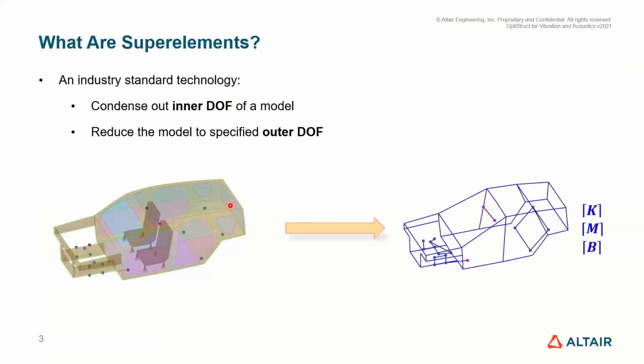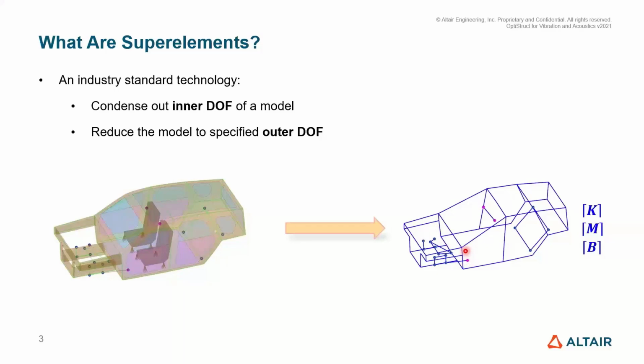So superelement is an industry standard technology that helps us condense out inner degrees of freedom of a model and reduce the model to specified outer degrees of freedom. Let's take this vehicle trim body as an example. The mesh model might consist of millions of grids, and using superelement, it can be reduced to interface nodes with matrices being attached.